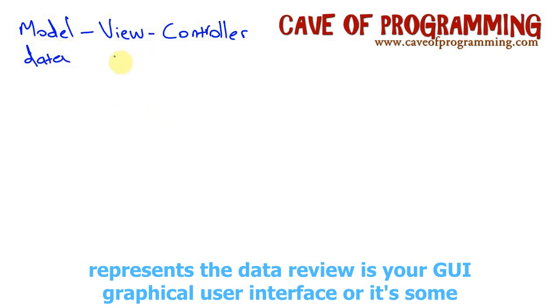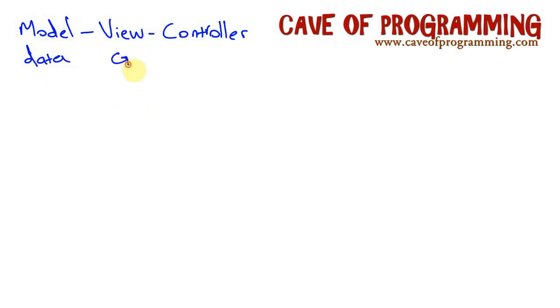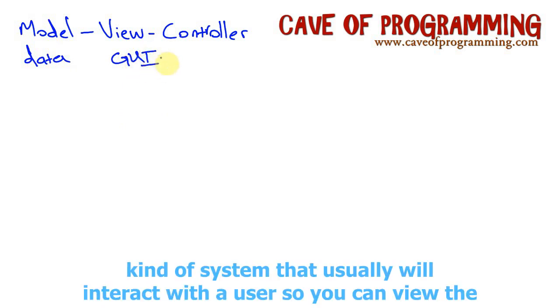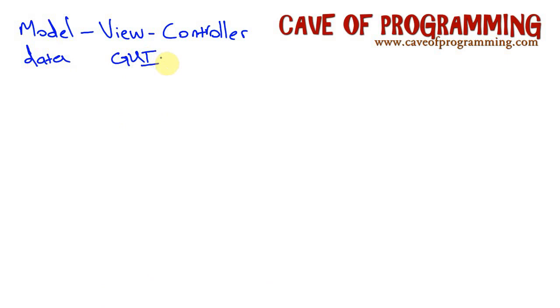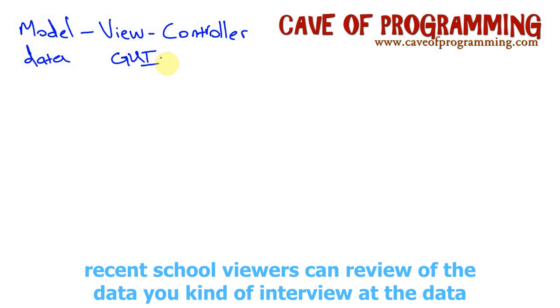The view is your GUI, the graphical user interface, or it's some kind of system that usually will interact with a user. The reason it's called view is it's kind of a view of the data. It's a view of the data model.